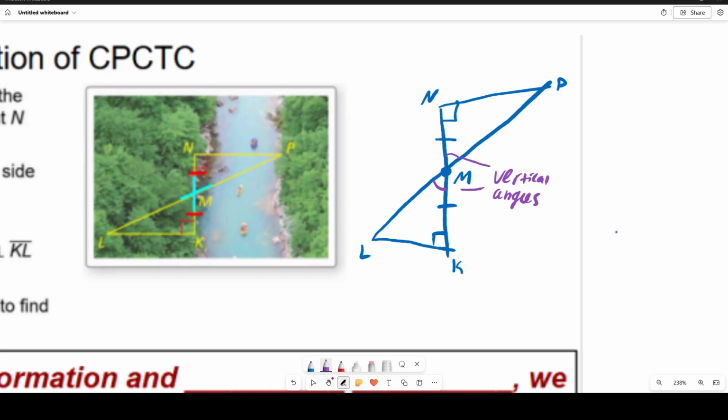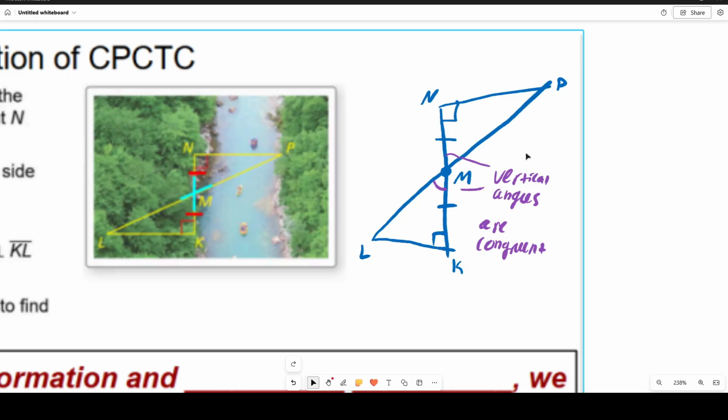So we can say vertical angles are congruent. Remember, whenever you have a little X shape here, these two angles and these two angles are always the same. So now we do have an angle and then a side and then an angle here, and then an angle and then a side and then an angle. Well, let's see if they match.